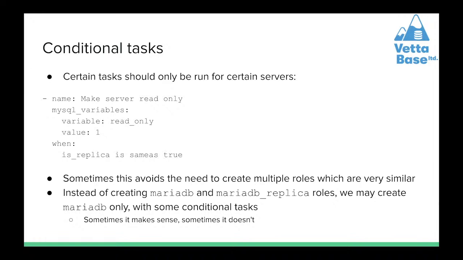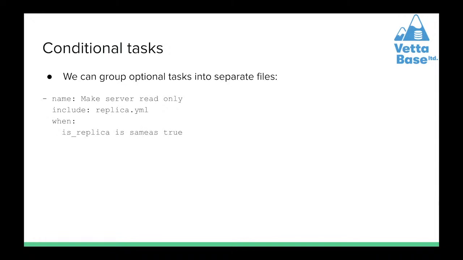It depends on your specific case. We can also have these optional tasks grouped into separate files. Okay, so in this case, if isReplica is set to true, we include a playbook called replica.yml, otherwise not.